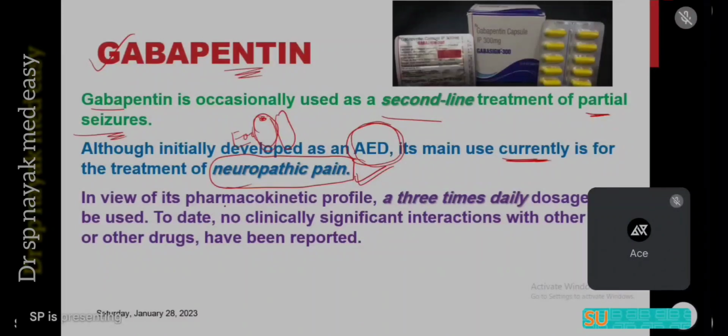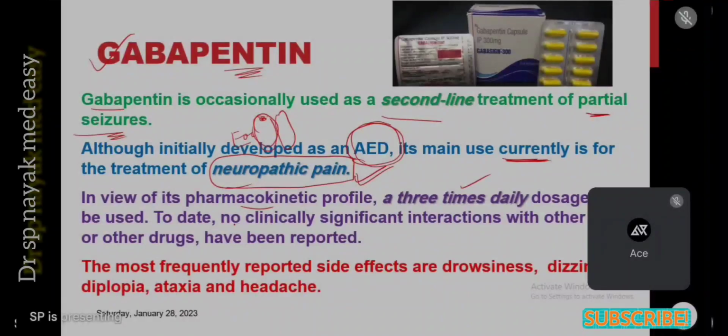Because of its pharmacokinetic profile, its very low bioavailability and short duration of action, it is given thrice daily. It has no drug interactions with other anti-epileptic drugs; same like pregabalin, gabapentin has no drug interactions, so it will not interact with phenytoin or carbamazepine. And yes, they are commonly used in neuropathic pain.